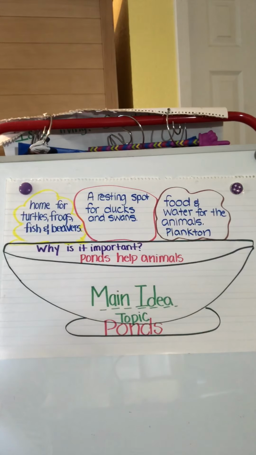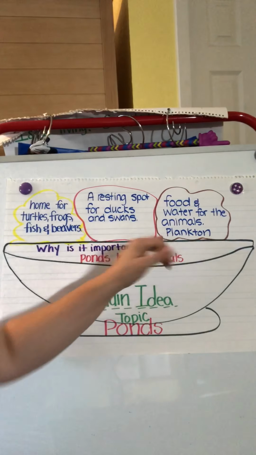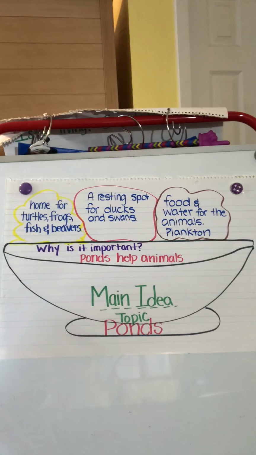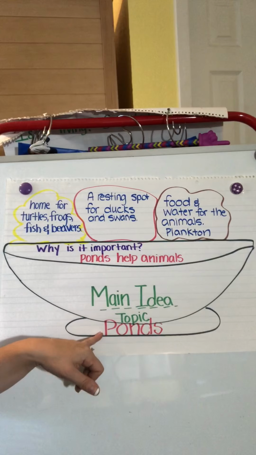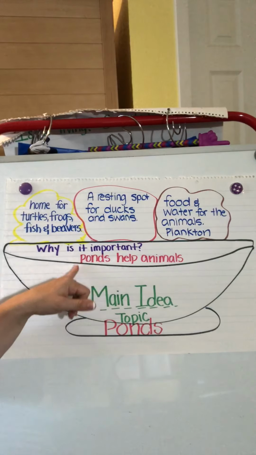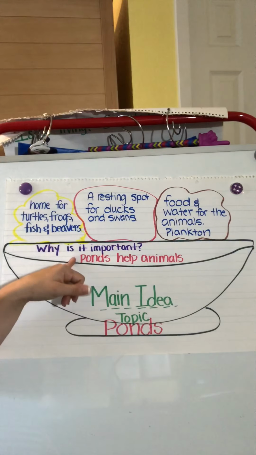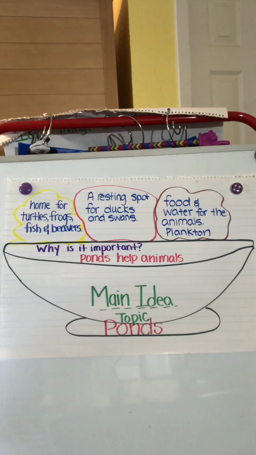And the best way is to go back through our text and look for evidence, examples, okay? So the more scoops of ice cream, the better in helping you back up your thoughts on why the topic is important for that author to write about.